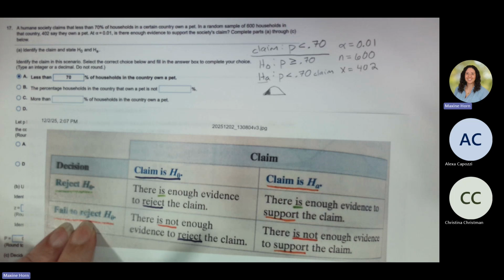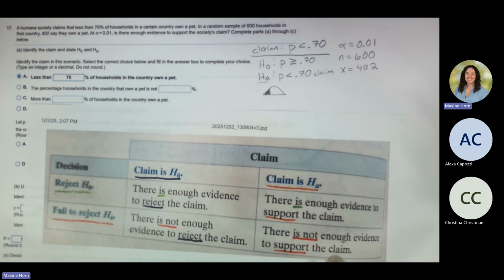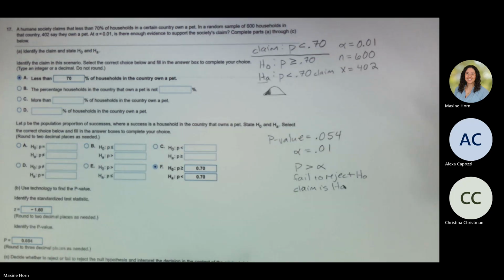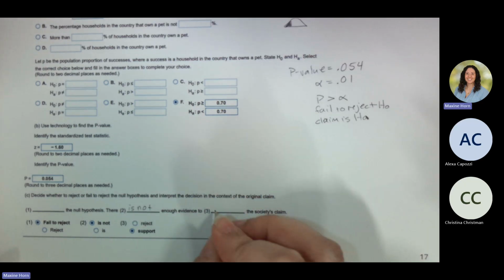Fail to reject the null, claim is the alternative. There's not enough evidence to support the claim. So that's how we word this down here. There is not enough evidence to support the claim.